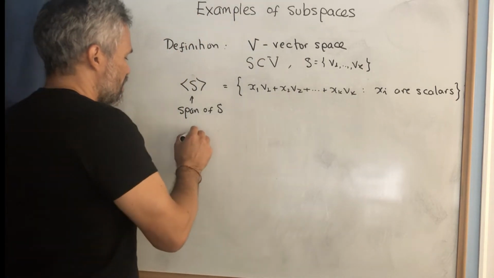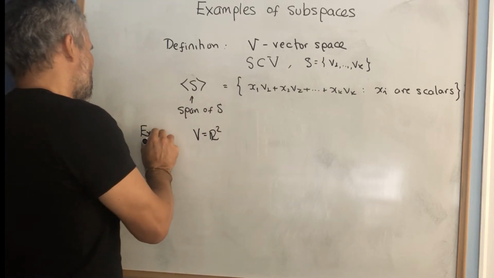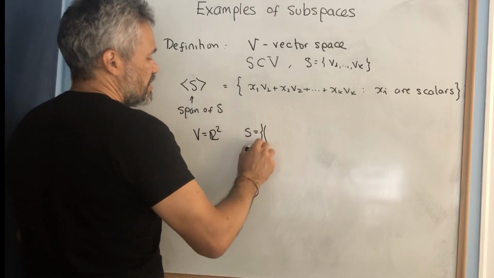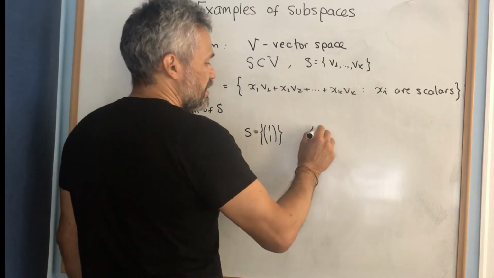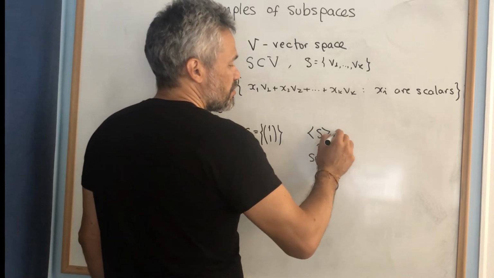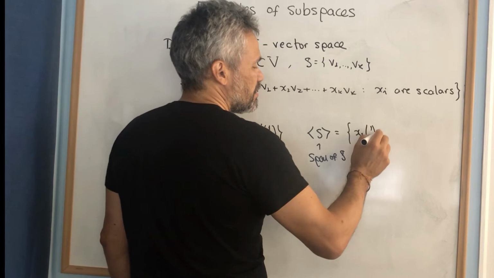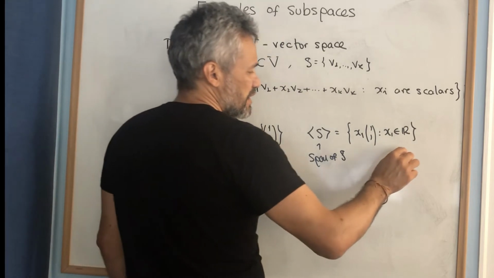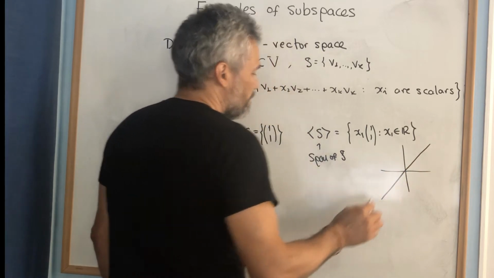As an example, Example 1. If V is R2 and S is the set with only this vector (1, 1), then the span of S is going to be the vectors of the form x1 times (1, 1), such that x1, let's suppose that we're working in the real numbers, and in this case this set is easy to visualize, it is this line.